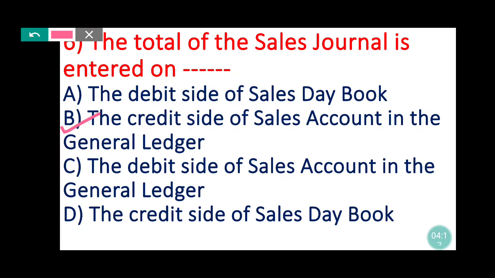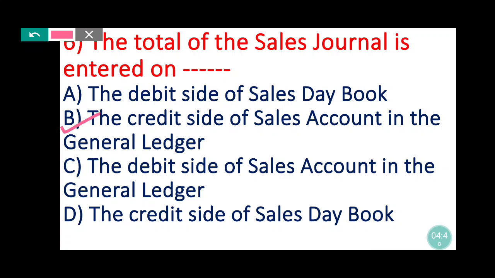After a specific period, the total of the sales day book is made and transferred to the credit side of the sales account. And the total of the purchase journal is transferred to the debit side of the purchase account. So your answer is the credit side of the sales account in the general ledger.